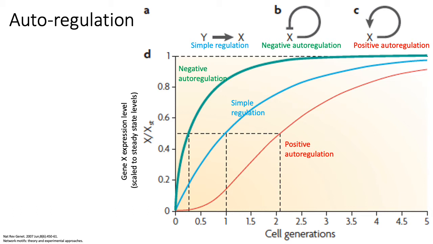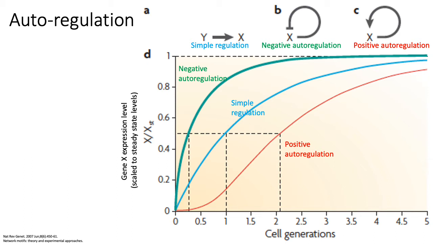Or you can have what's called positive autoregulation where X increases its own expression level. And so whether a gene negatively autoregulates itself, positively autoregulates itself, or acts through simple regulation changes the dynamics of how signals are sent through gene regulation.